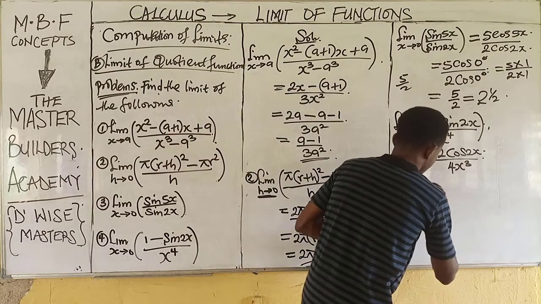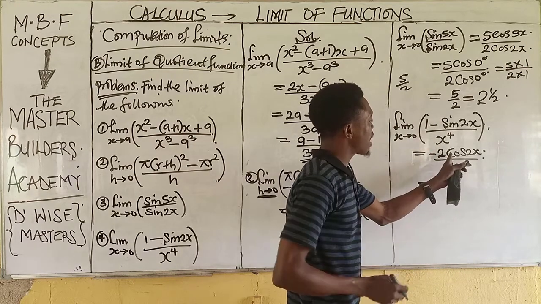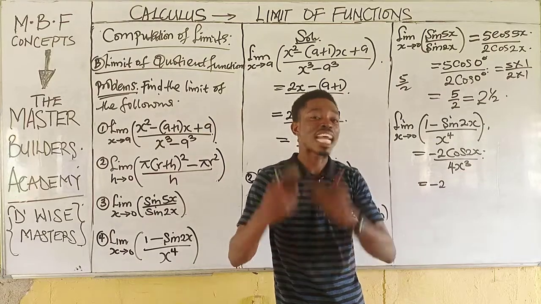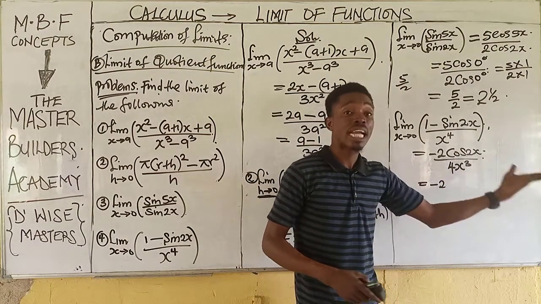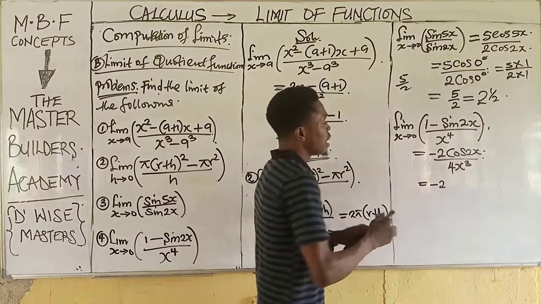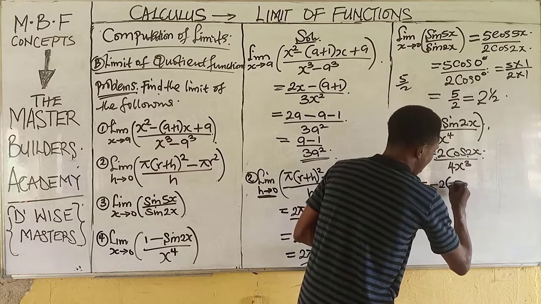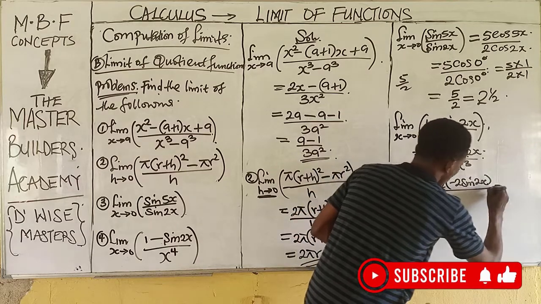Now, I will differentiate this the second time, minus 2. Now, if I differentiate cos x, I have negative sine x. The same way, if I differentiate cos 2x, I will have negative 2 sine 2x. So now, these two will have to multiply, as multiplied by negative 2 sine 2x all over.